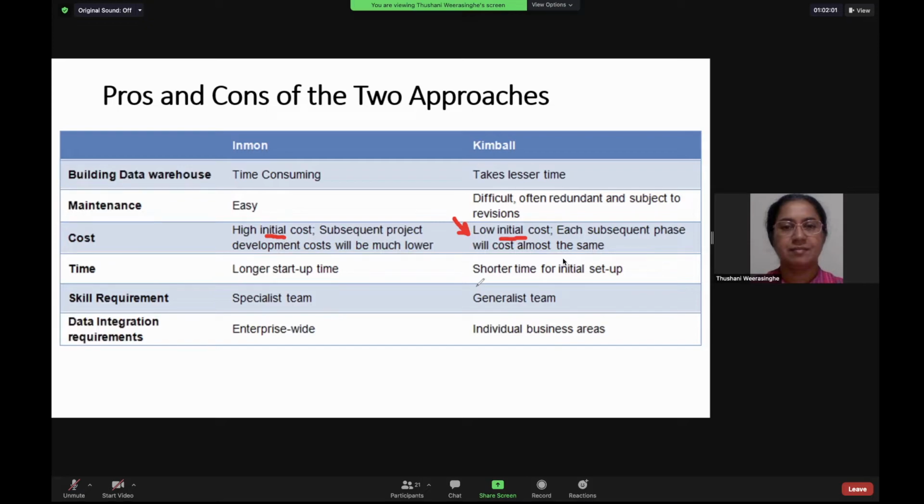But for the Inmon approach, you have to consider a lot in developing it, and everybody should agree to share their data in one platform, one system, one database. So you need a specialist team, otherwise there will be a big problem. For data integration, Inmon's is enterprise-wide, but Kimball's is individual business area-wise. It supports having data warehouses.